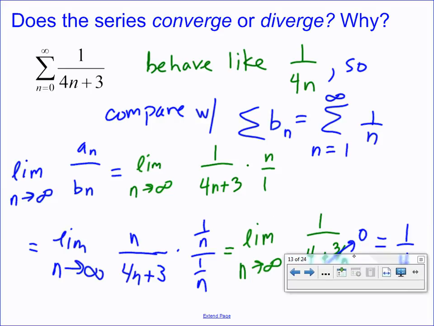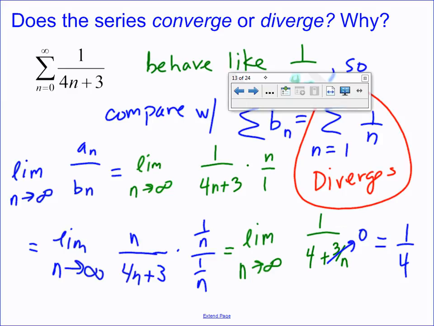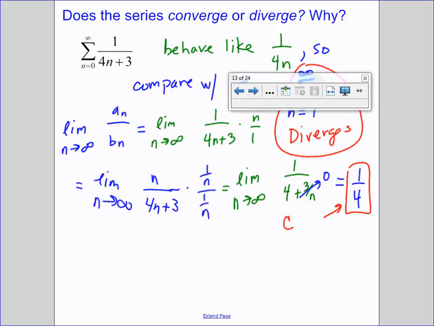So we're choosing our B as the harmonic series. We know this diverges. We did the limit comparison test and got a constant. Therefore, they share the same fate, so they must both diverge.